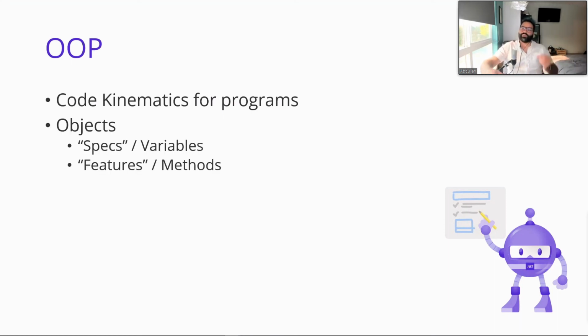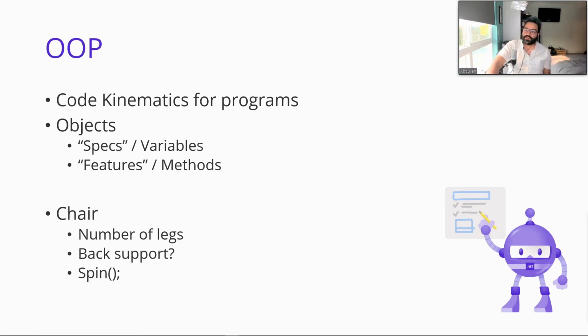But the way in programming, objects are described by methods and variables, the concepts that we just talked about. You can think of specs as variables, and features and things that these objects are capable of, you describe with methods. So let's think of a chair, right?